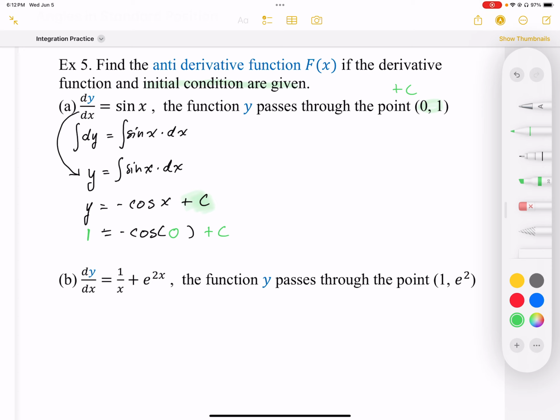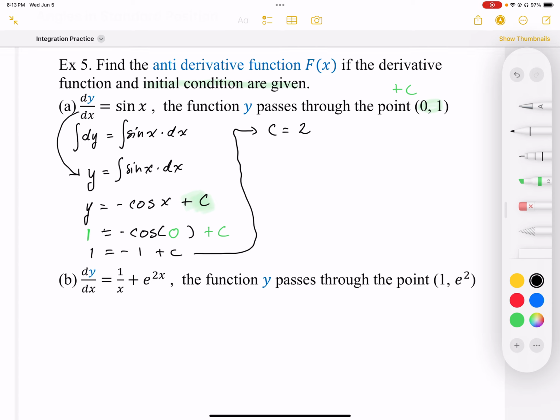Well, working this out, cosine of 0 is going to be 1, so I get 1 equals negative 1 plus c. That means that when I solve for c, c is equal to 2.